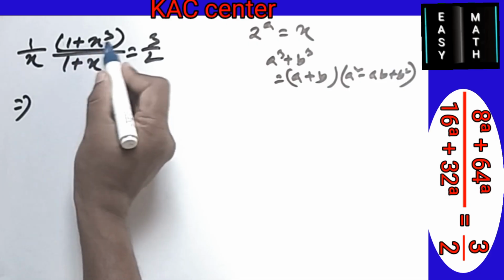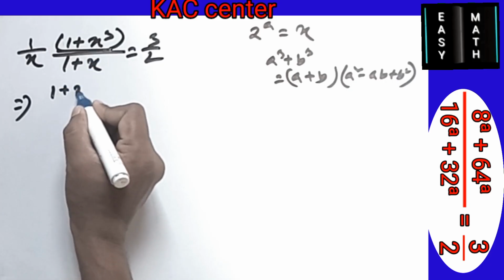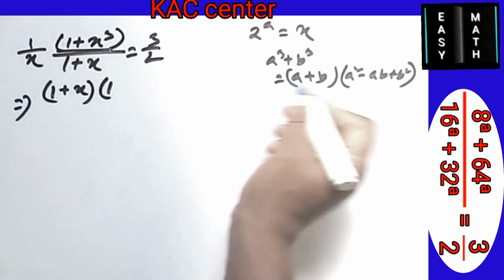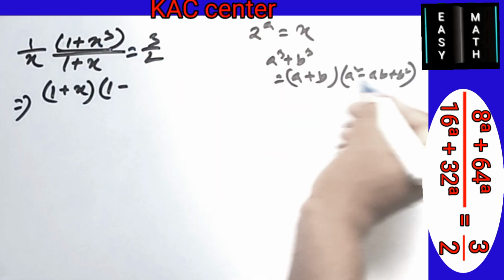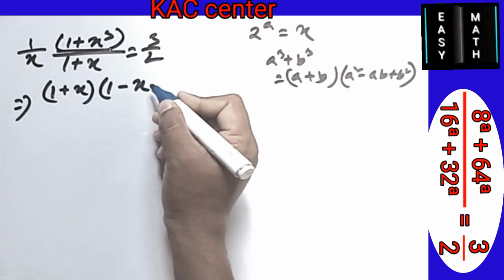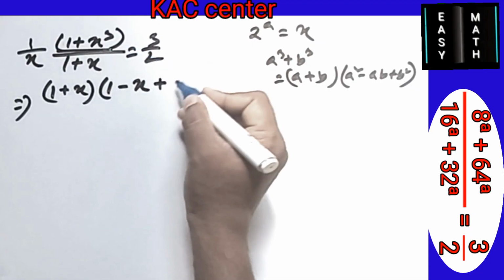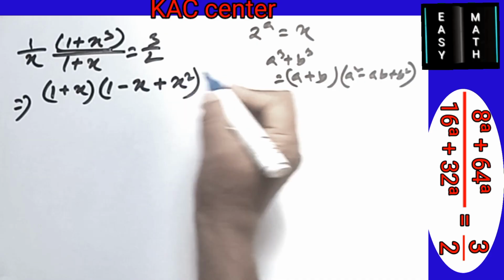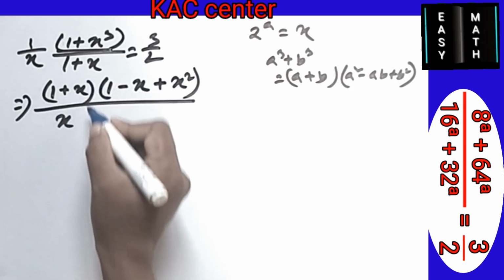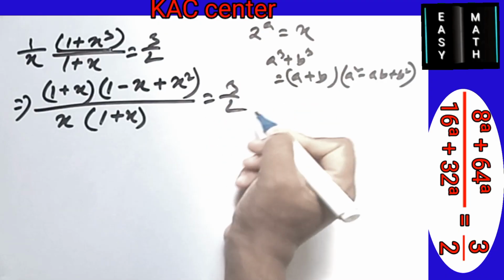So we use this: 1 plus x, and 1 square is 1, and 1 into x, so x, and x square, and 1 plus x, equals 3 by 2.